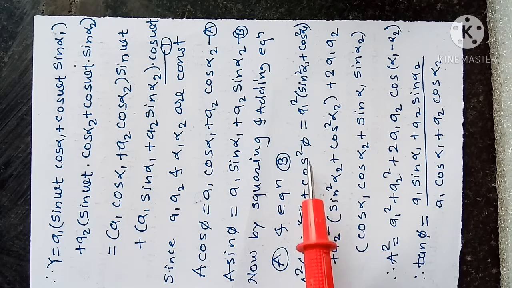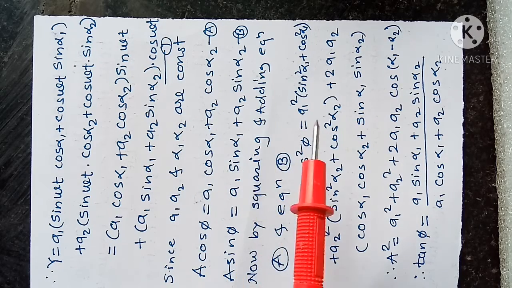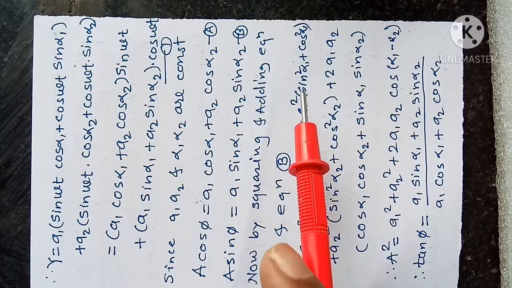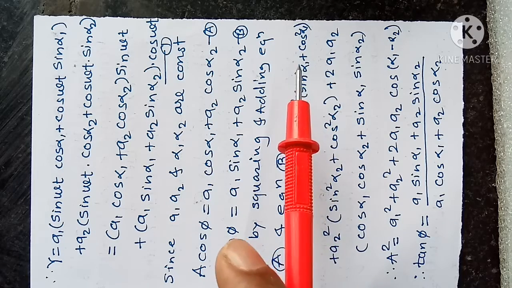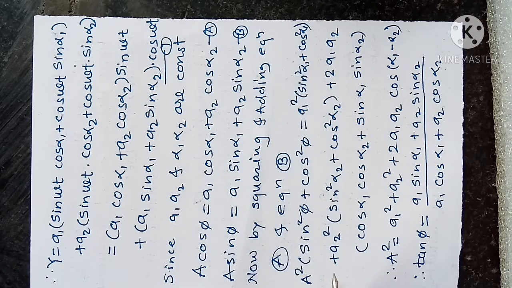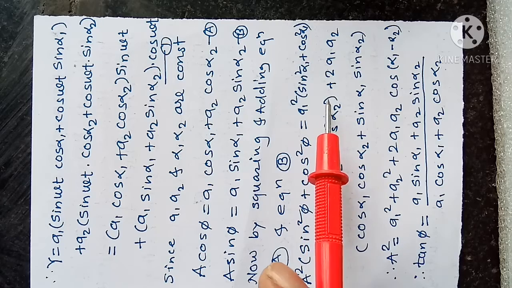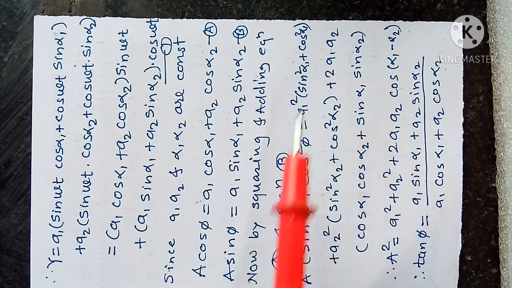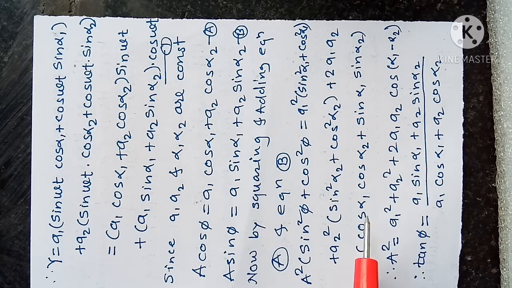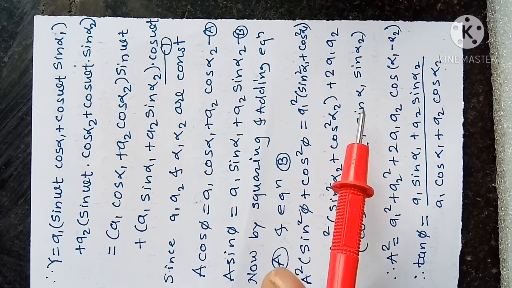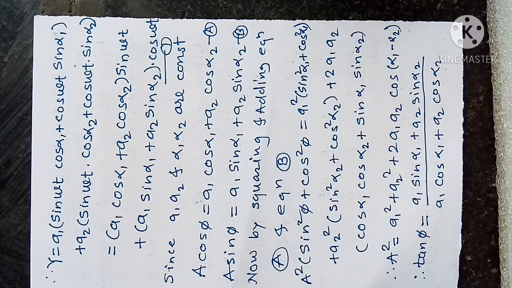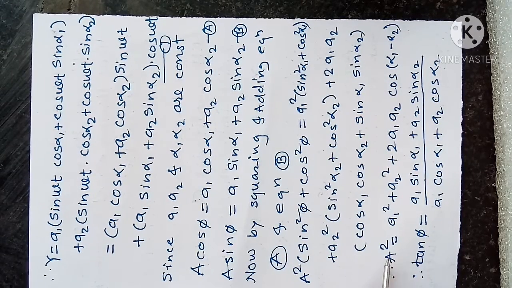Now the RHS: A1 square (sin square alpha 1 plus cos square alpha 1) plus A2 square (sin square alpha 2 plus cos square alpha 2) plus twice A1 A2 (cos alpha 1 cos alpha 2 plus sin alpha 1 sin alpha 2).